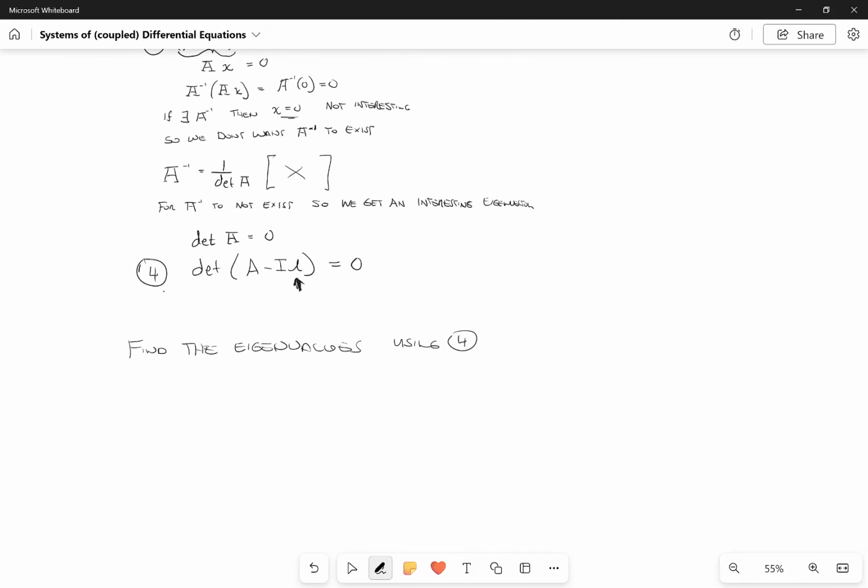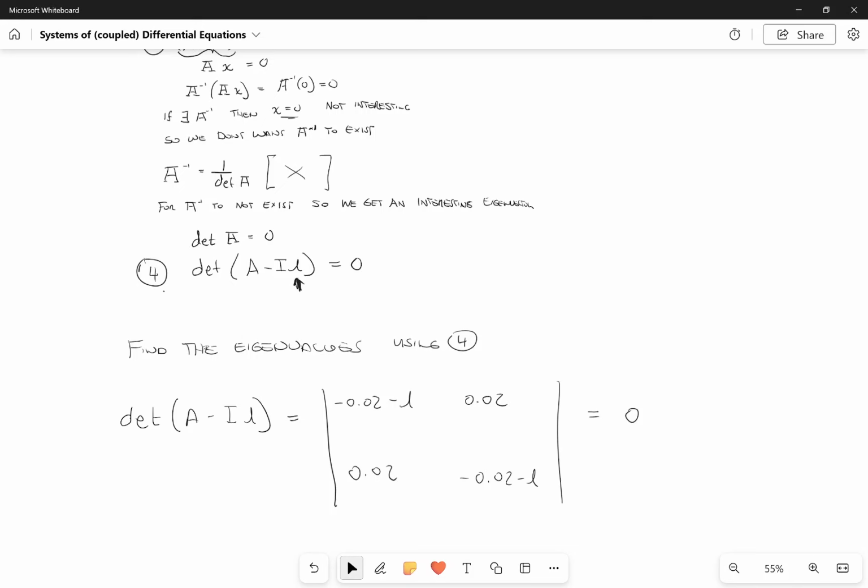So the determinant of A minus I lambda is, and these straight lines are our determinant. All right, so it's negative 0.02 minus lambda, negative 0.02 minus lambda, and then we had the 0.02 here, 0.02 here, okay? And we want it to equal 0, right?